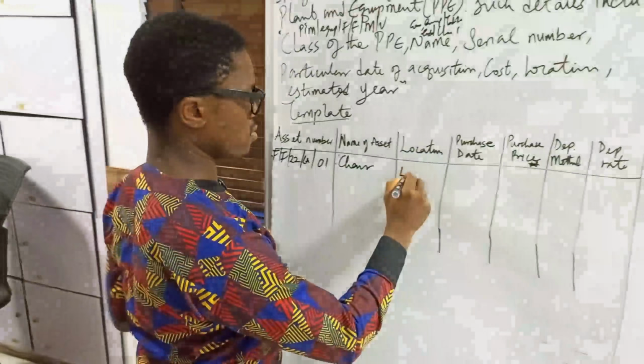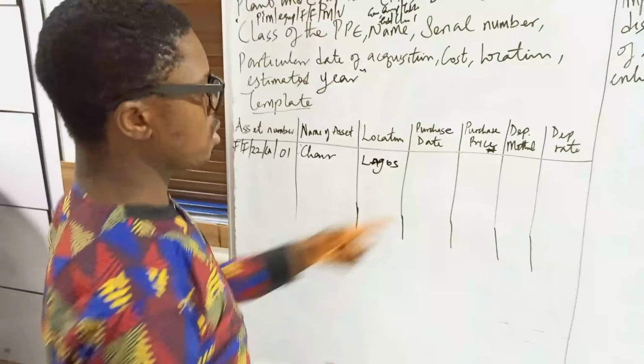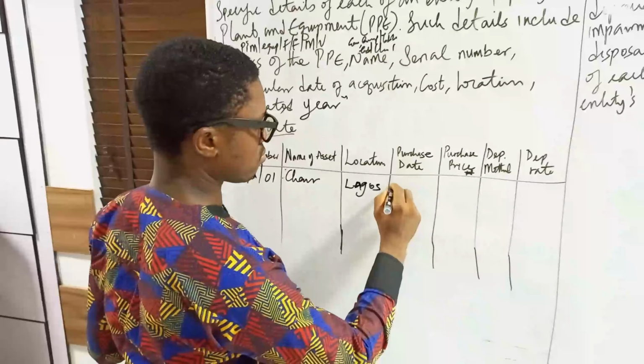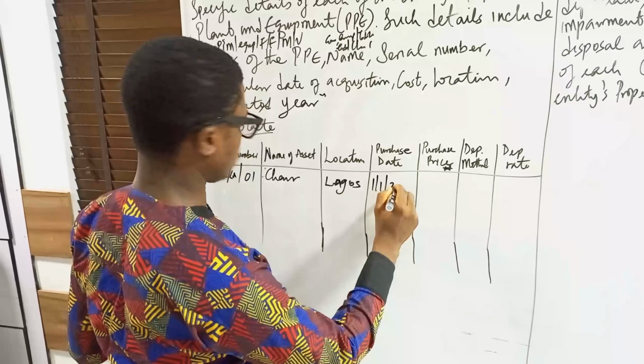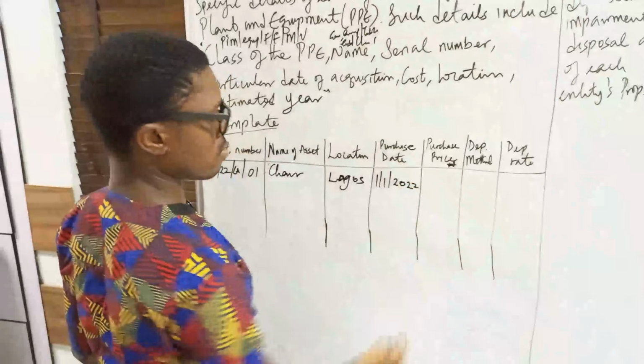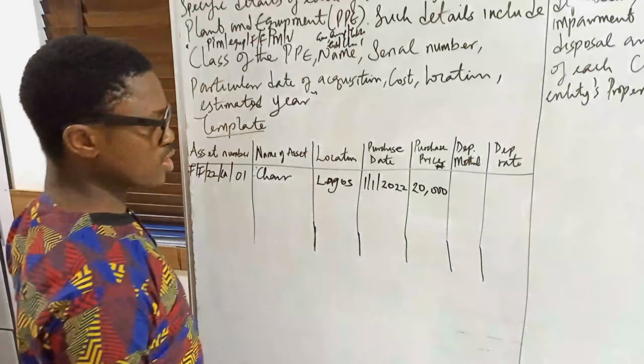Then we have location, purchase date, purchase price, and depreciation method.